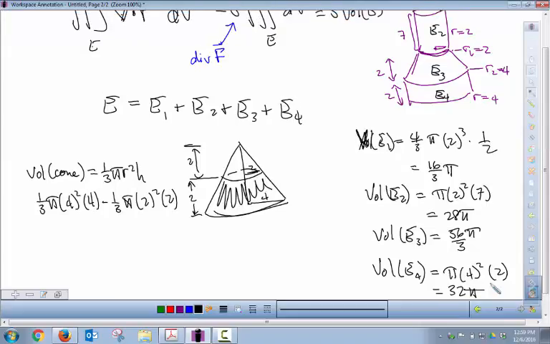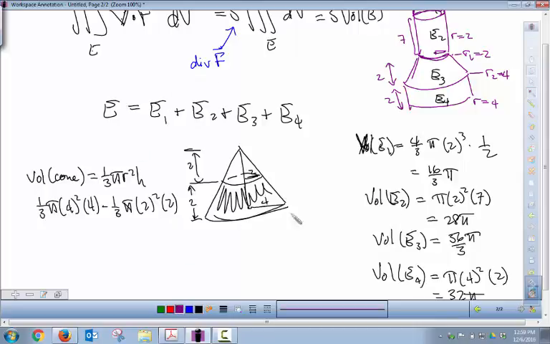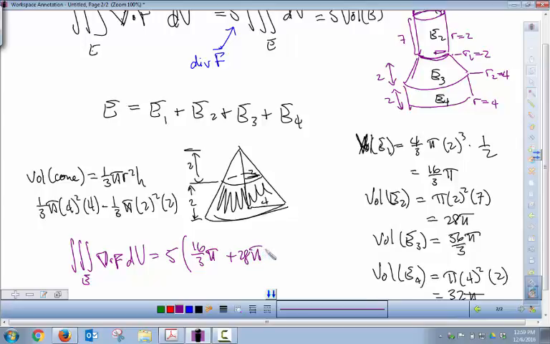All right, I think we got something. Let's put it all together. We got the triple integral over the solid of the div of f dv is equal to 5 times just the sum of these things. So it's 16/3 pi plus 28 pi plus 56 over 3 pi plus 32 pi.